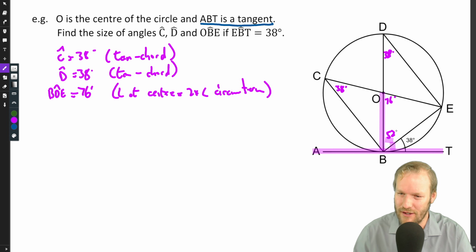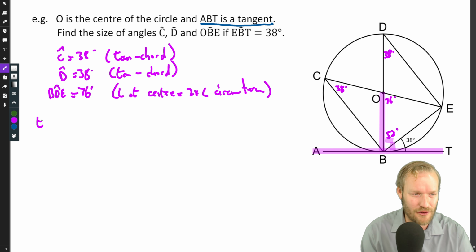Well, I think it's about 52, but you can always check on your beloved calculator. So that angle there, that's angle OBE. I'd rather write it as angle EBO to be consistent, anti-clockwise, equals 52 degrees, and our reason is simply tan rad.